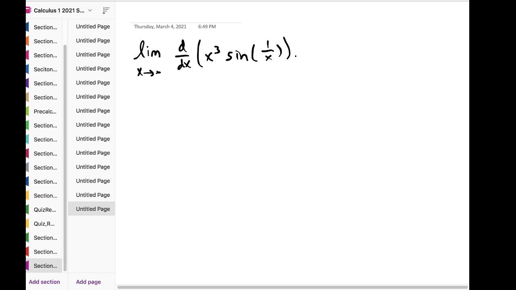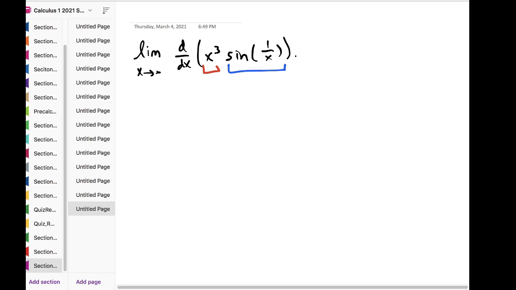So how do you find this derivative? What do you do? Yeah, so first and foremost, this is a product. So we need to use the product rule.